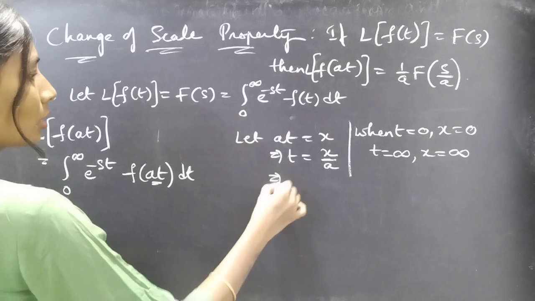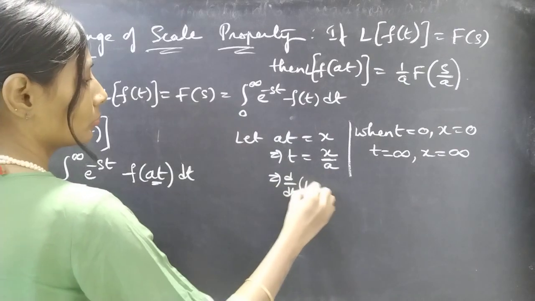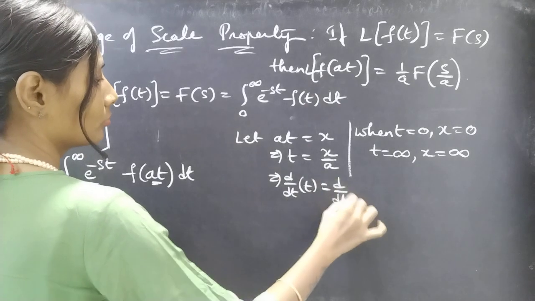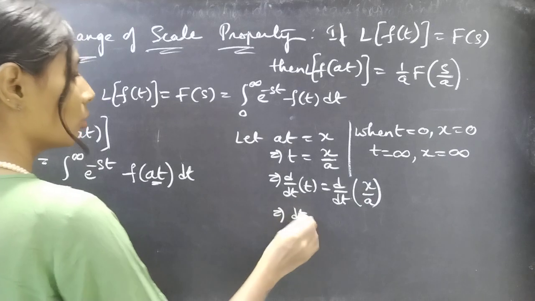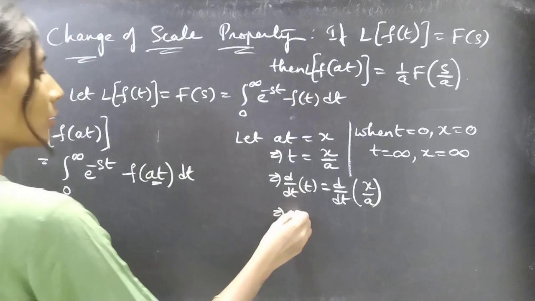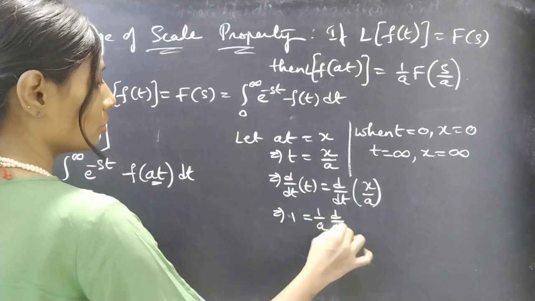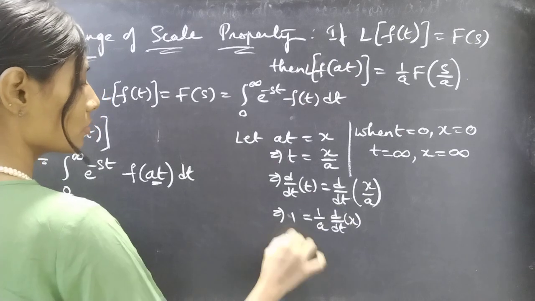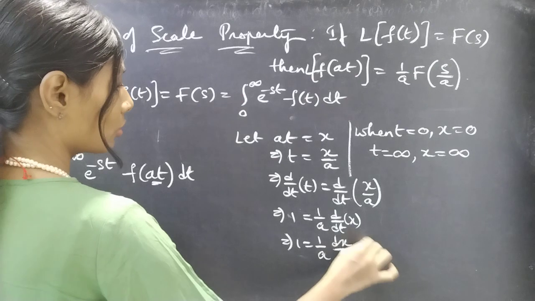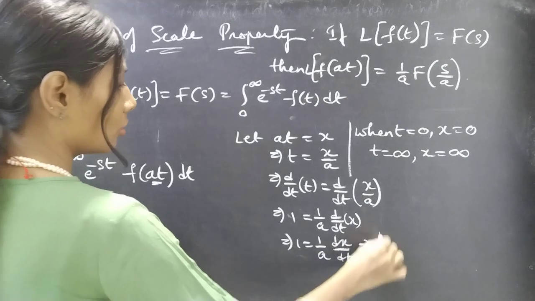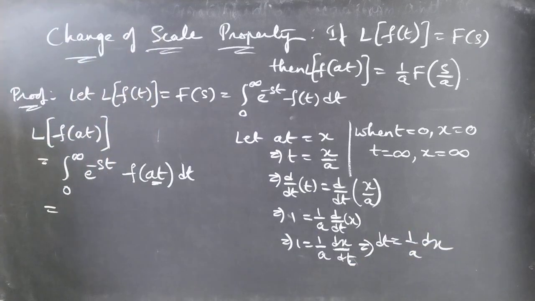Now differentiate on both sides with respect to x. The derivative of t with respect to t is 1, which equals 1 by a into dx by dt, or dt equals 1 by a into dx.